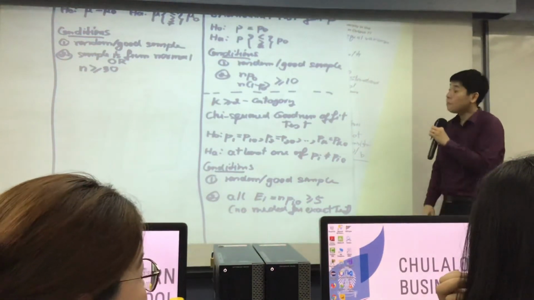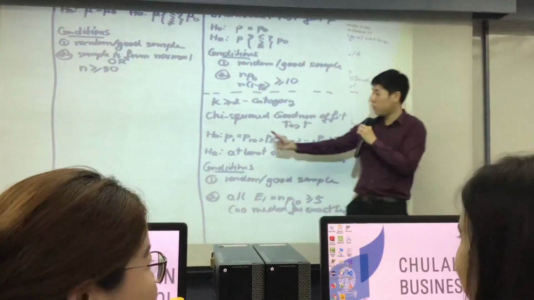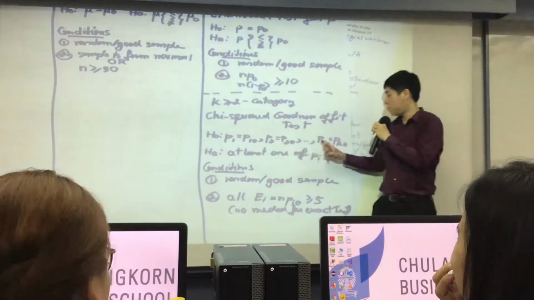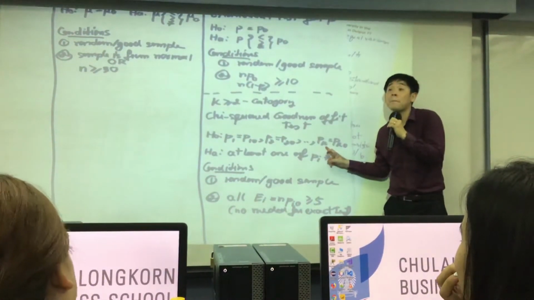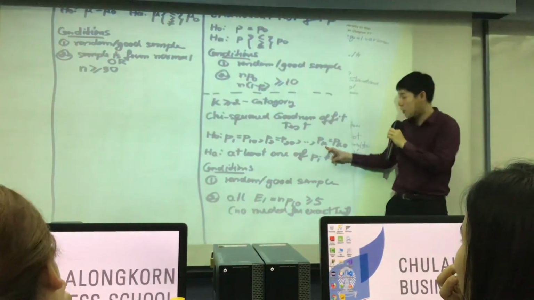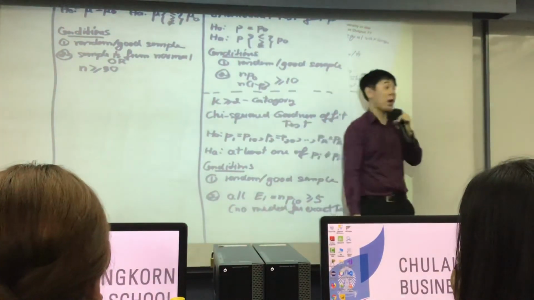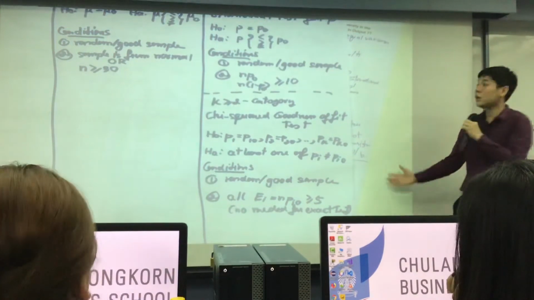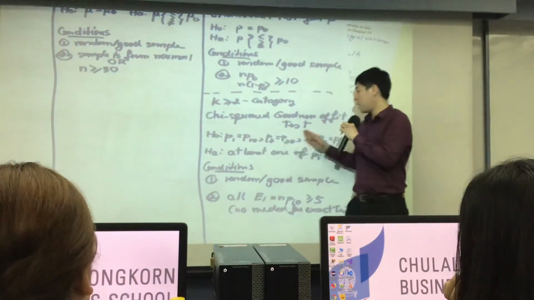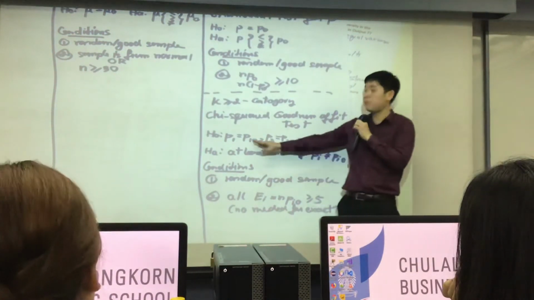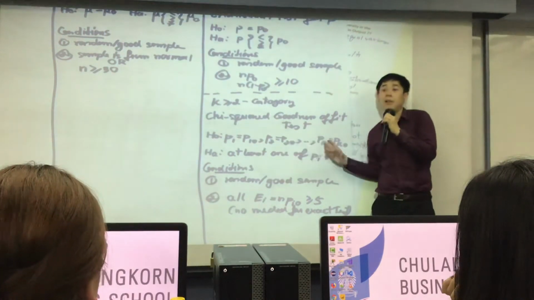When that happens, your question will be about P1, P2, up to PK. And then you will have some numbers that you compare. For example, this is Coke, Pepsi, and S. Maybe you compare to 50%, 40%, and 10%.